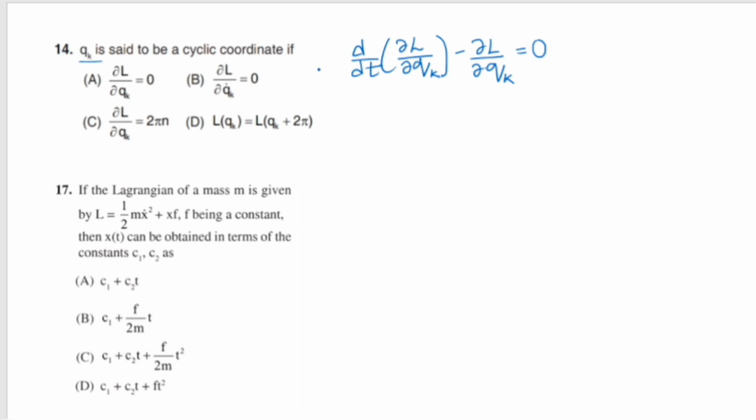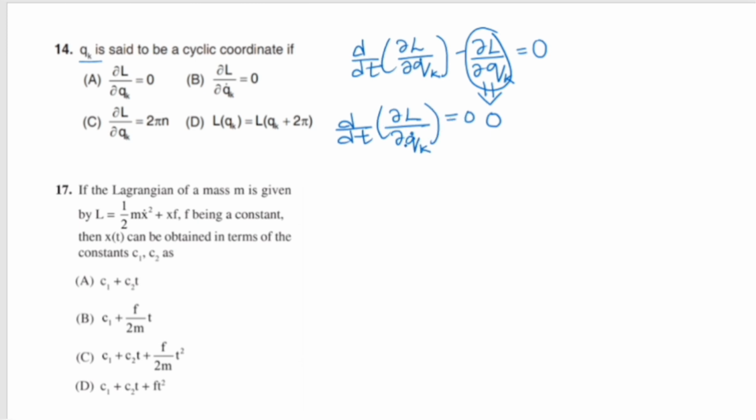QK is said to be cyclic means, I have explained in the previous video, this entire term becomes 0. If this entire term becomes 0, what is remaining? d divided by dt of dou L divided by dou QK dot is nothing but 0.